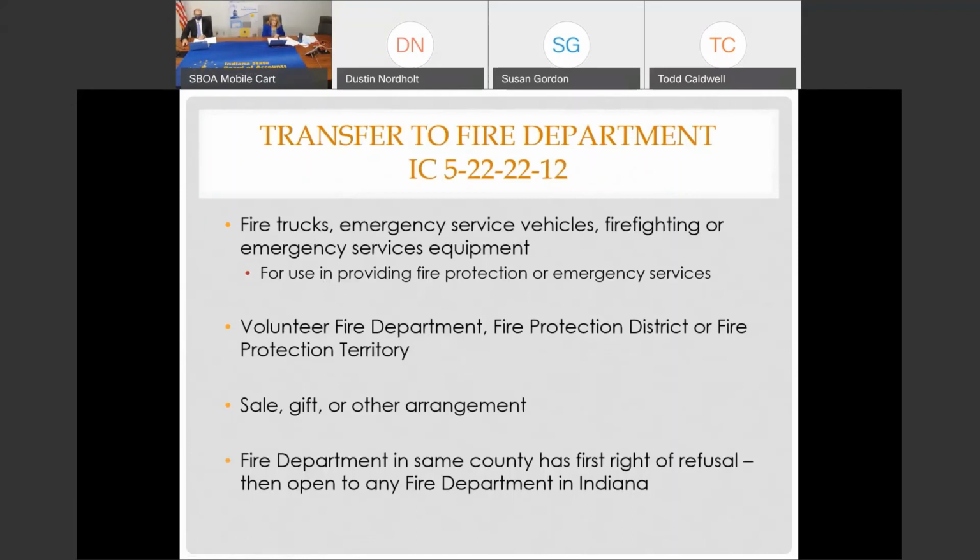It can be transferred to a volunteer fire department or a fire protection district or fire protection territory by sale, gift, or other type of arrangement. There is a provision in this particular section where a fire department in your county has the first right of refusal. And if nobody in your county wants it, then you can open it up to any fire department in Indiana.